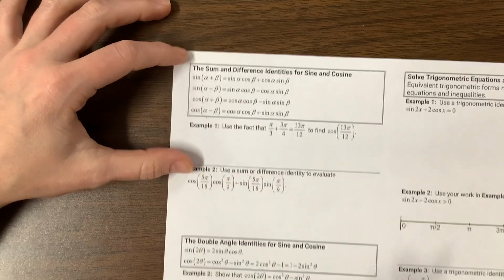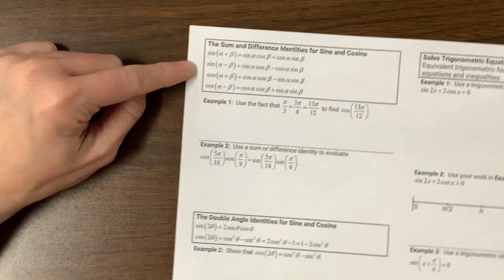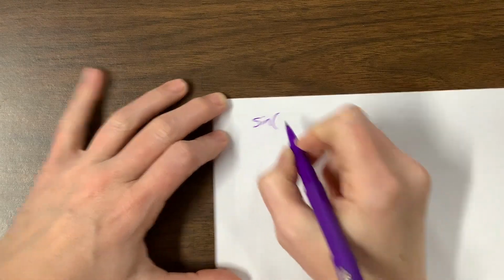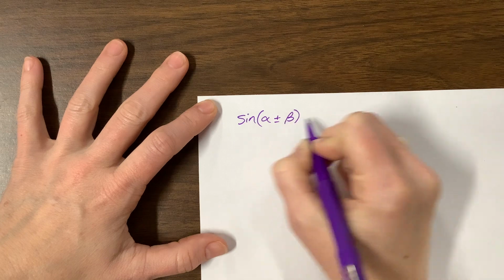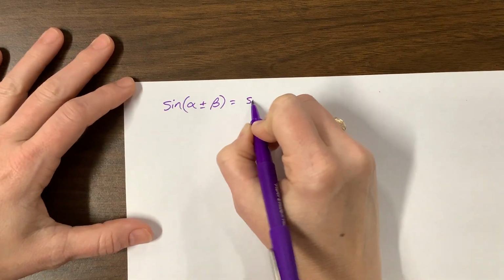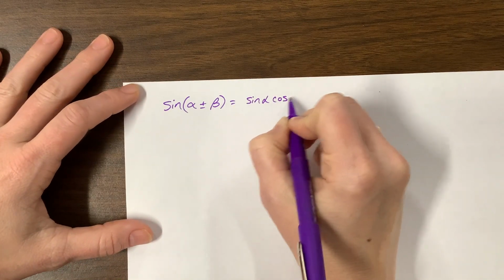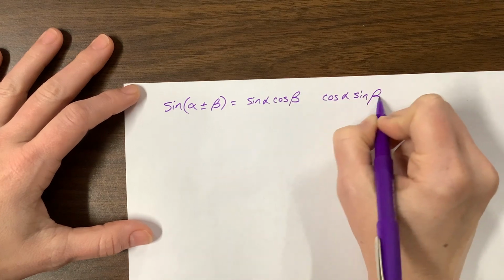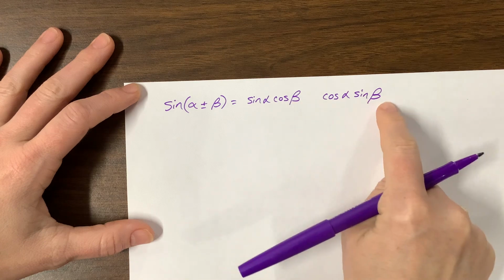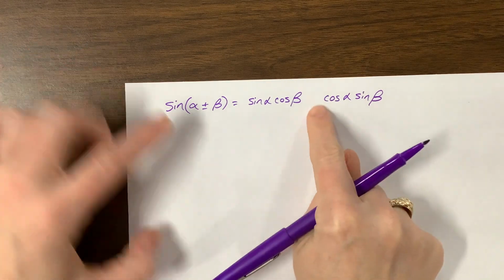But what I like to do actually is I write them slightly differently. If I have sine of an angle plus an angle, and we can use alpha and beta, that's great. Alpha plus or minus beta. This one, what I remember is it's sine, cosine, cosine, sine, and I went alpha, beta, and then it's the same SIGN.